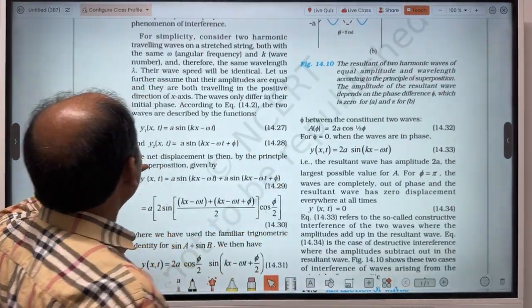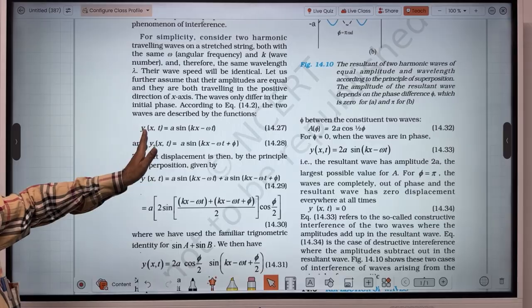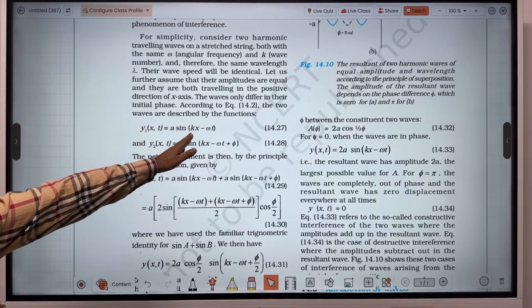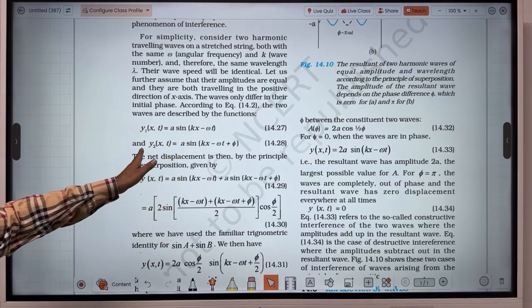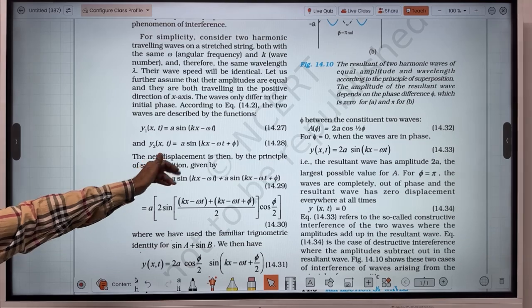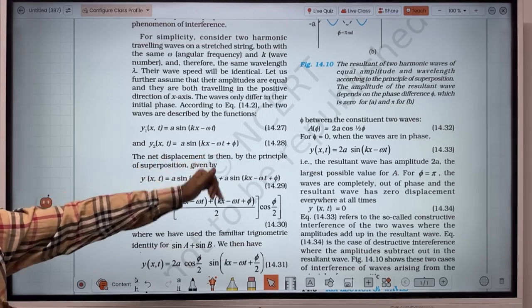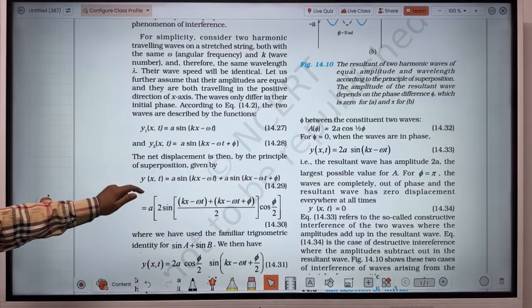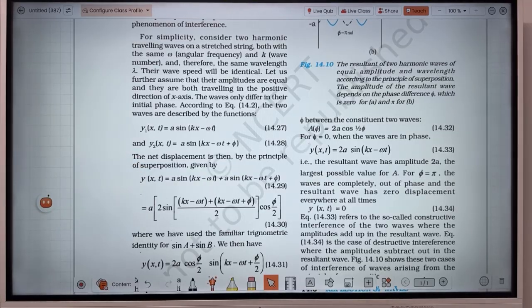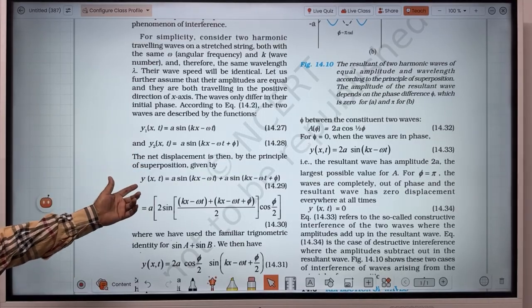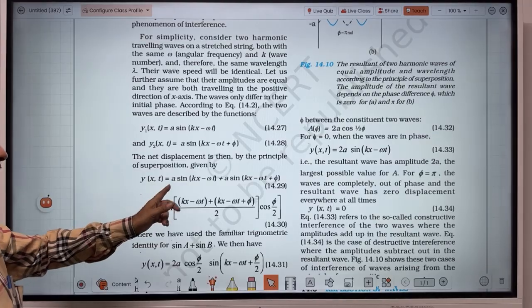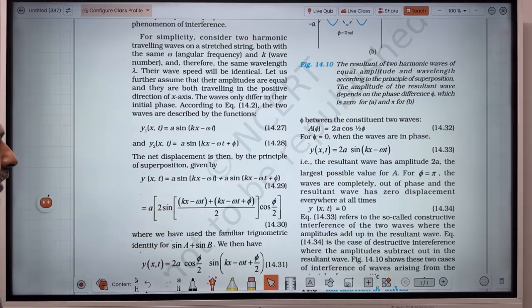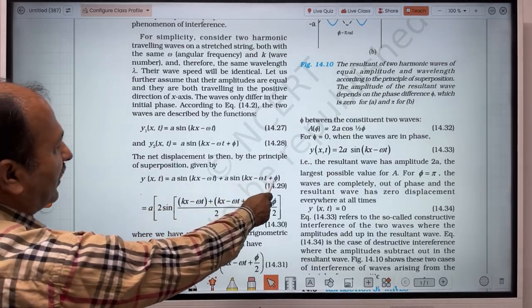One wave has the equation y1(x, t) equals a sin(kx minus omega t), and another wave y2(x, t) equals a sin(kx minus omega t plus phi). Now if the two waves superpose, what happens? We write their equation as y(x, t) equals a sin(kx minus omega t) plus a sin(kx minus omega t plus phi).